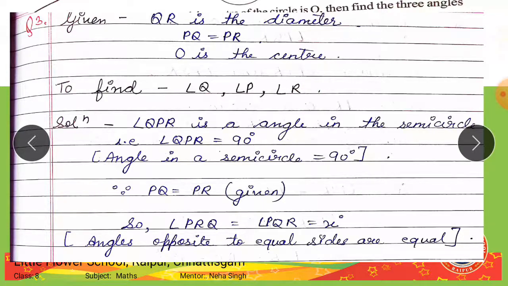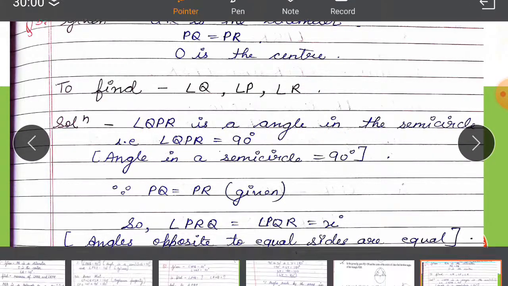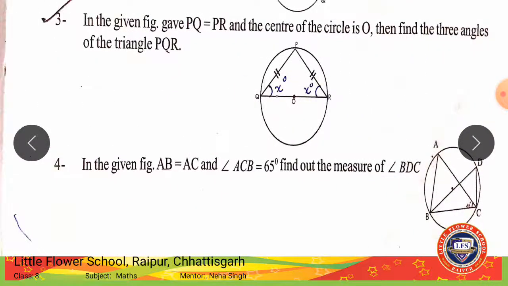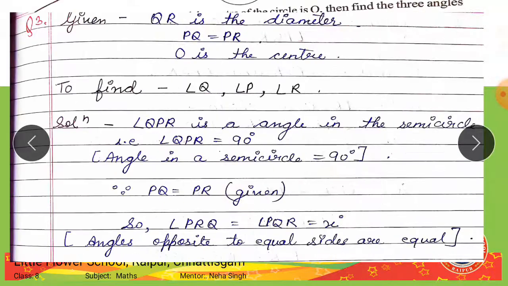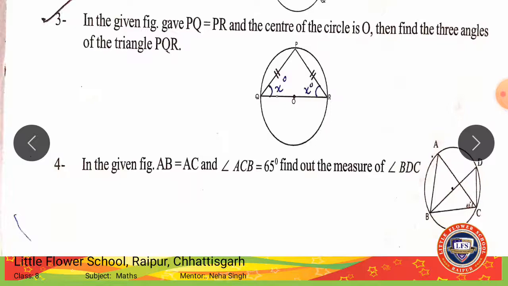Since QPR is an angle in a semicircle, this angle will be 90 degree, right? And PQ and PR are given equal. So since they are equal, the angles opposite to them will also be equal.